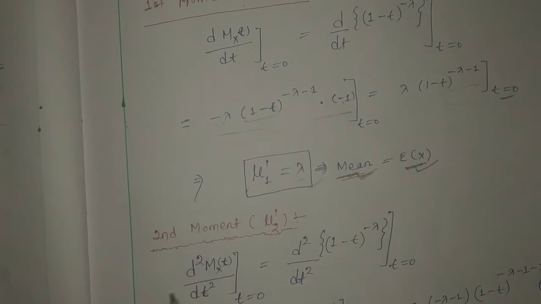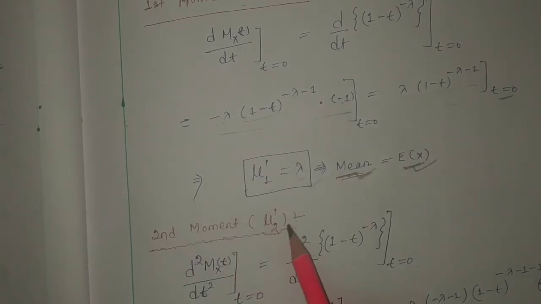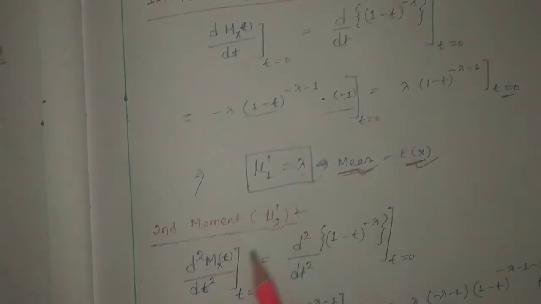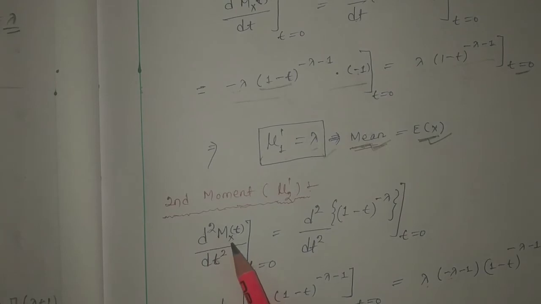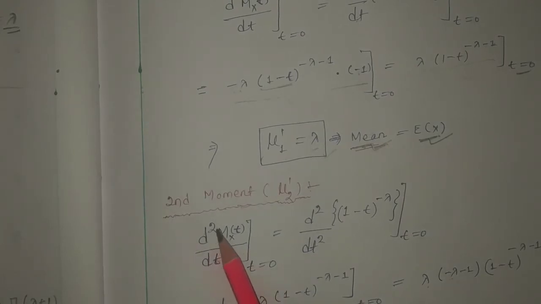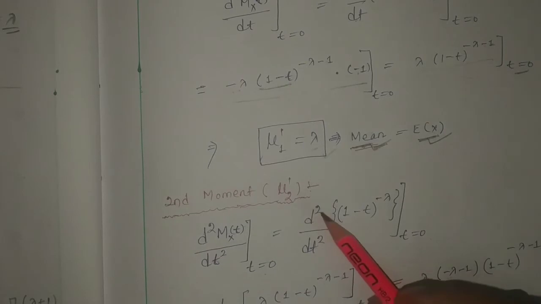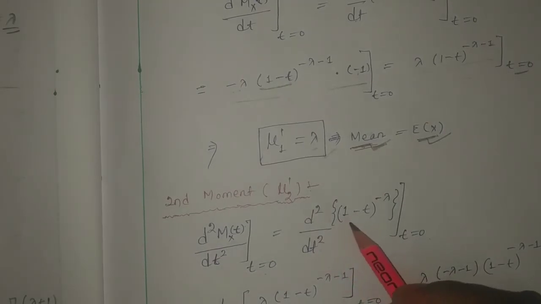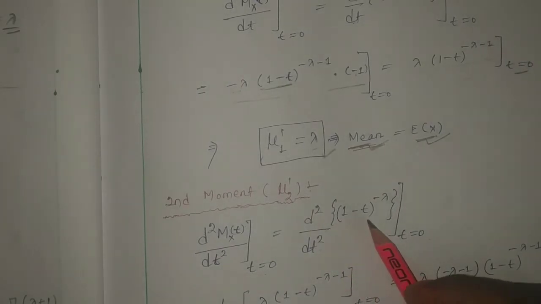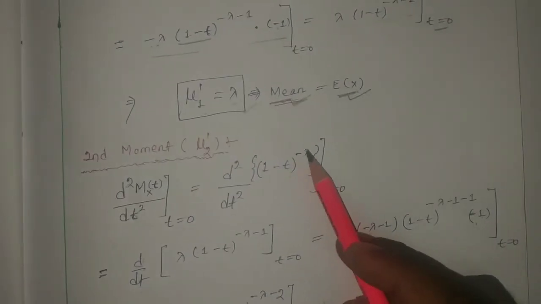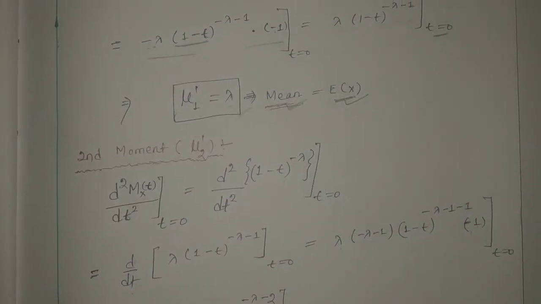Second moment: for the second moment we have to consider the second derivative of the moment generating function, that is d square M x (t) by dt square. Then we have to put t equal to 0. The moment generating function is nothing but (1 minus t) to the power minus lambda, right?